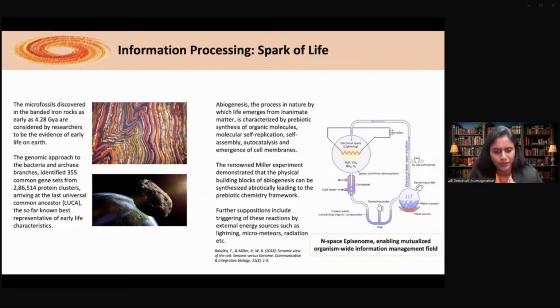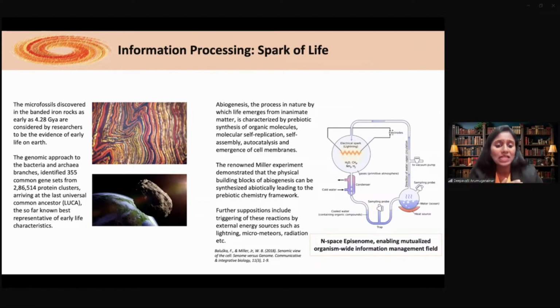Now, getting into the research about the spark of life, the process of abiogenesis in nature emerges from inanimate matter, which is characterized by the prebiotic synthesis of organic molecules, organic self-replication, self-assembly, and emergence of self-membrane.